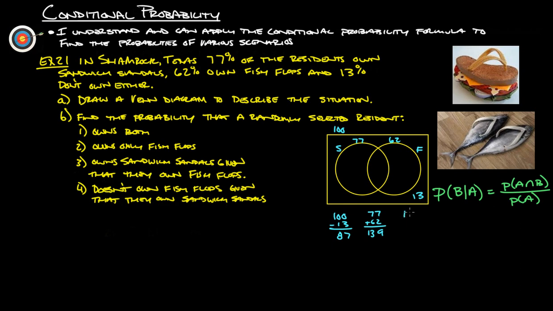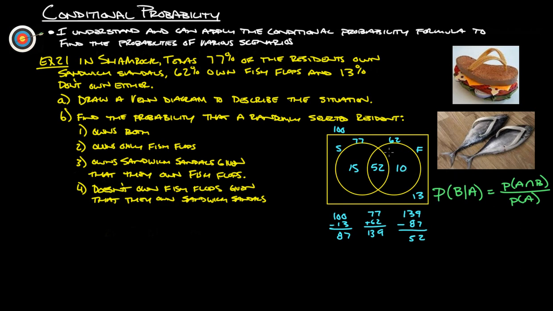So we take that 139, and we know there can only be 87 total in there, so we subtract those from each other, and we get 52. That means 52 people got counted twice, so that means 52 people own both. So 52 are already in this circle here, and there's 77 total in this circle. That means 15 plus 52 will give us 77. And then over here there's 62 total in the circle. We've got 52 already there, and that would make that 10 that own just fish flops.